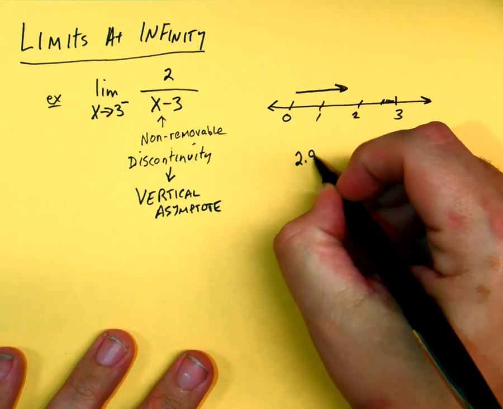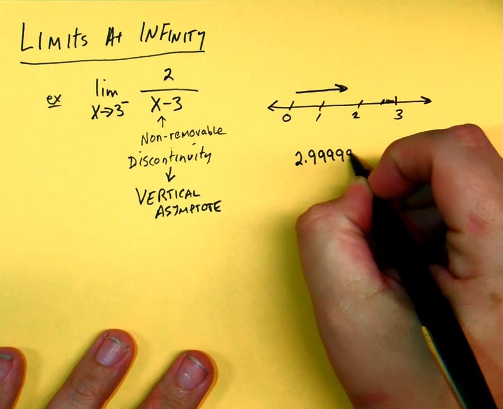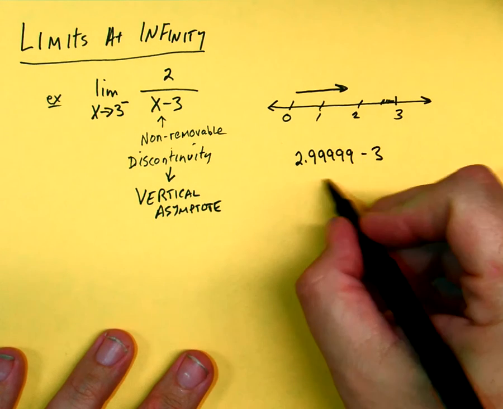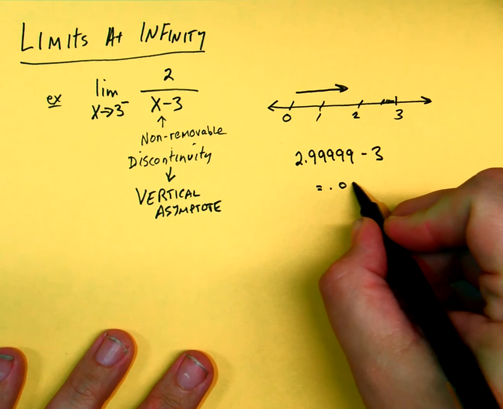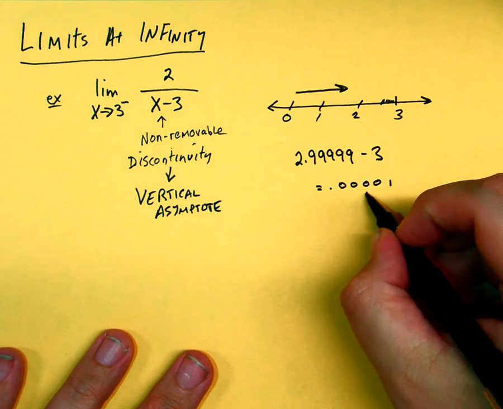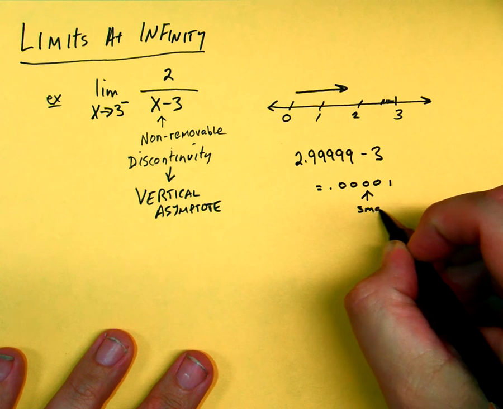Like 2.99999 minus 3. We end up with negative 0.00001. Now this is a small number.